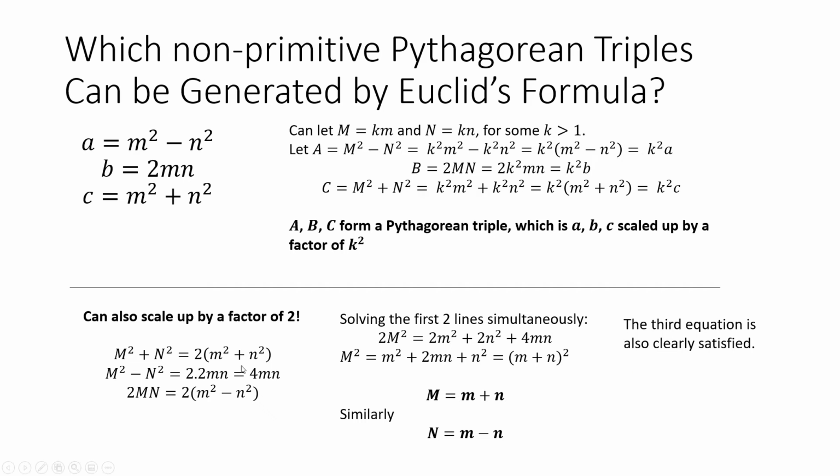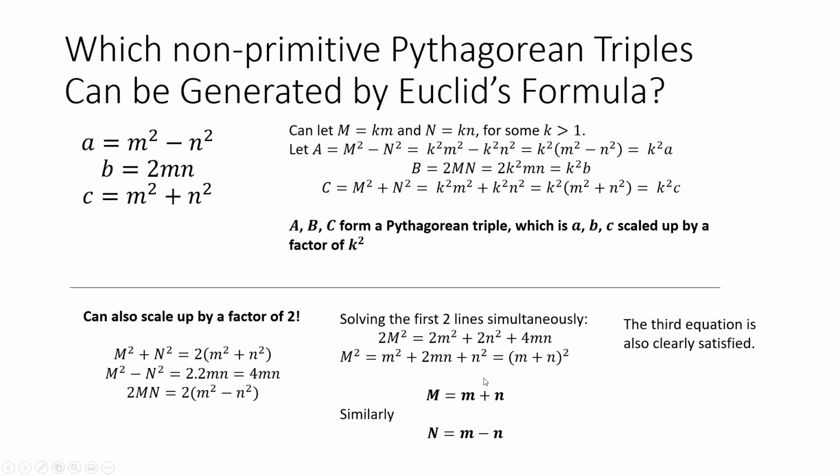And similarly, taking the difference between these, I would have had a negative 4mn there, a negative 2mn there, and got capital N is little m minus little n. I said as well, the third equation here is also satisfied, so a difference of 2 squares, m squared minus n squared, and I've got a 2 in front of it. That comes out in the wash.